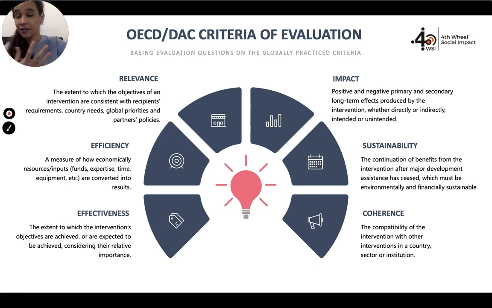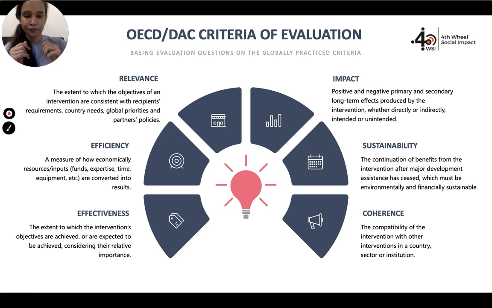Earlier it was just 5 criteria, and within the last couple of years there's one more criterion, coherence, which is basically giving partnerships and collaborations their due, where you're trying to match or link your programs with existing programs.